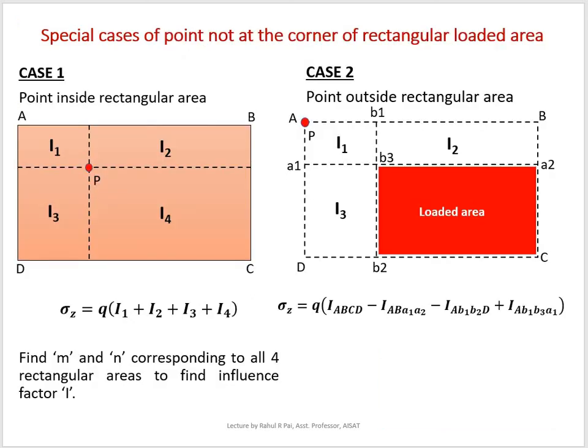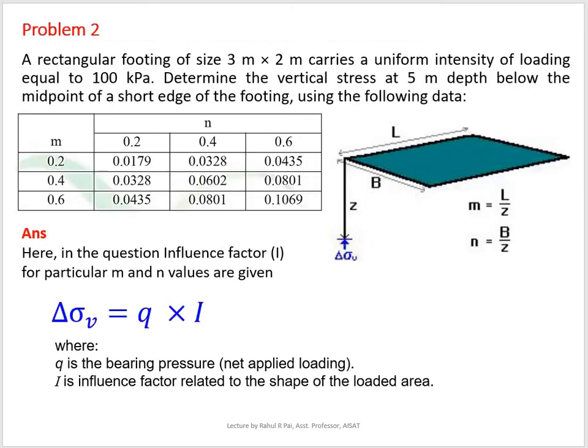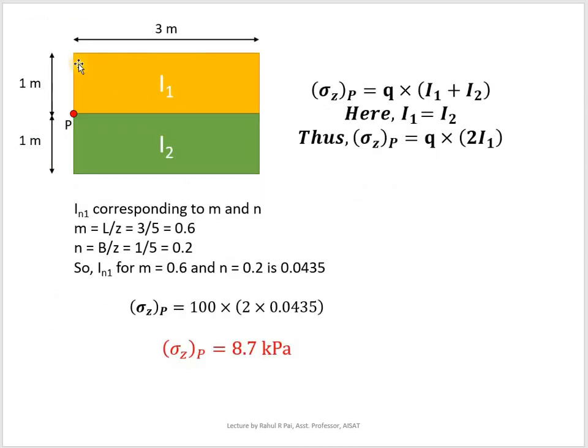Now we will discuss some special cases of rectangular loaded area. Already in the last class we discussed the rectangular footing problem, where we find the influence only at the corner of the rectangle.